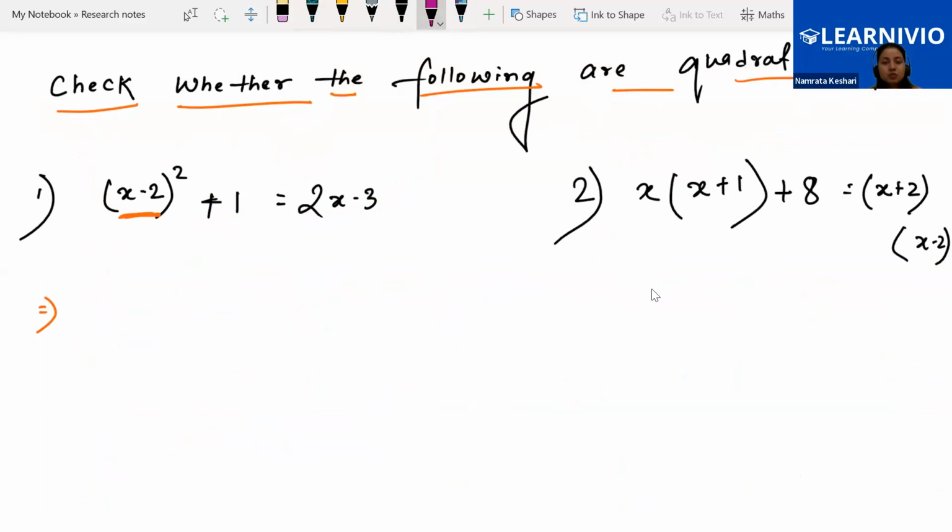We apply the (a minus b) whole square formula here. It will be a square minus 2ab, 2 into a into b, plus b square. Then plus 1 is equal to 2x minus 3.